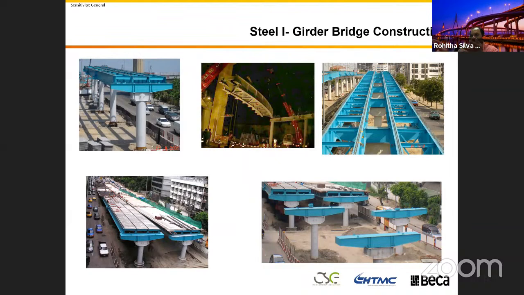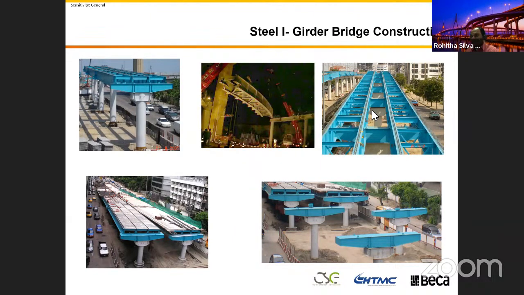They have their own pros and cons. But if you use the steel girder bridges, they are very lightweight structures, and the vibration on the bridge deck is more severe than the concrete bridge, because concrete bridges are heavier and stiffer.